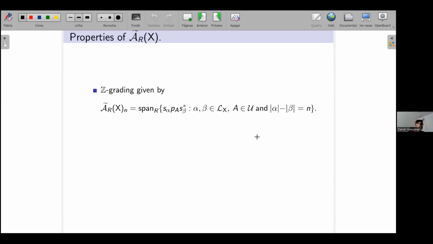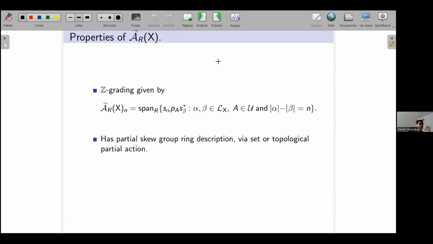But I mean, okay, so we have a grading. Some properties of this algebra: it has a grading over Z as usual, since alpha p is beta star. We can do a partial skew group ring description, and what is nice is that we can do it even without any topology.